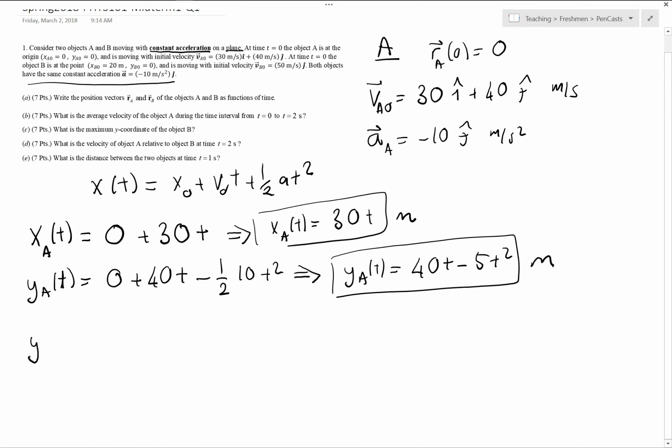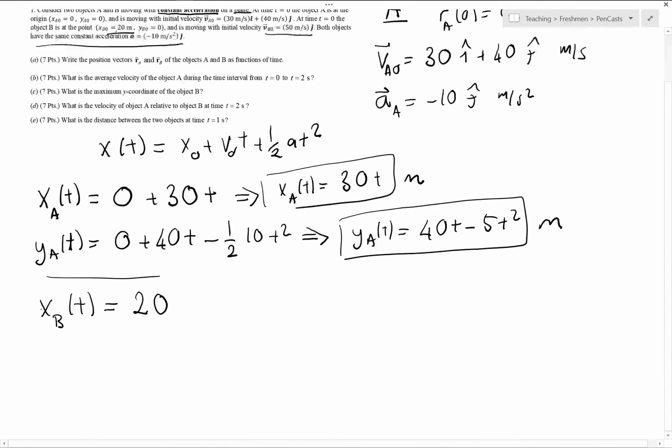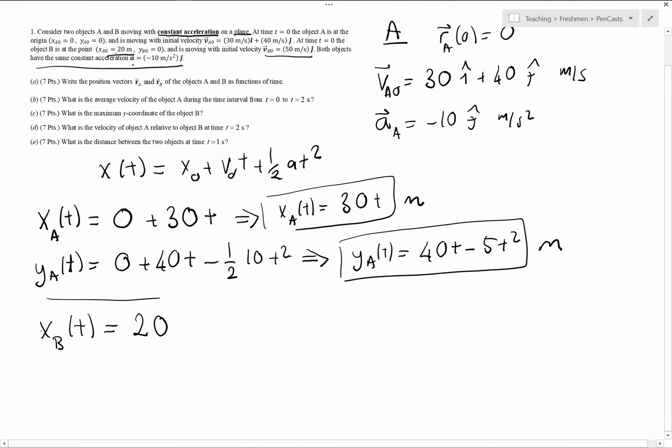Let's do the same thing we did for xa and ya for xb and yb. xb initially was at 20 meters, right? And its velocity has no x component, so no initial velocity in that direction. It doesn't have any acceleration in that direction, so for all times xb of t is 20 meters.